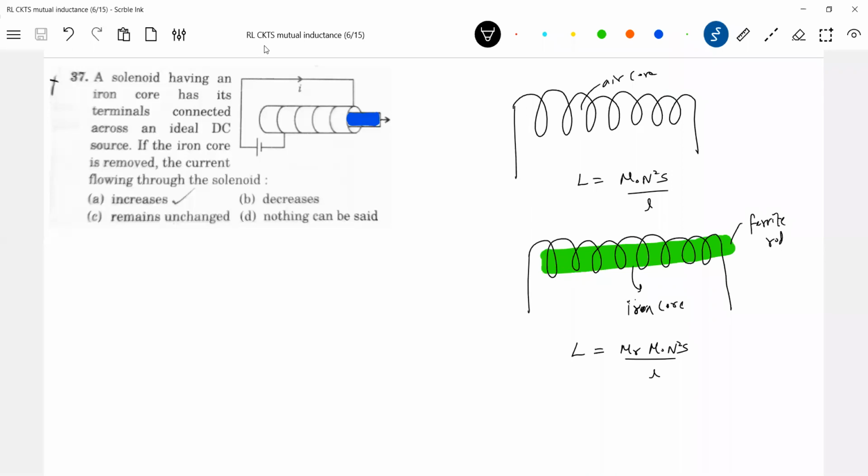Now there is a steady state. If I remove this iron core, what will happen to the current through the circuit? That is being asked here.